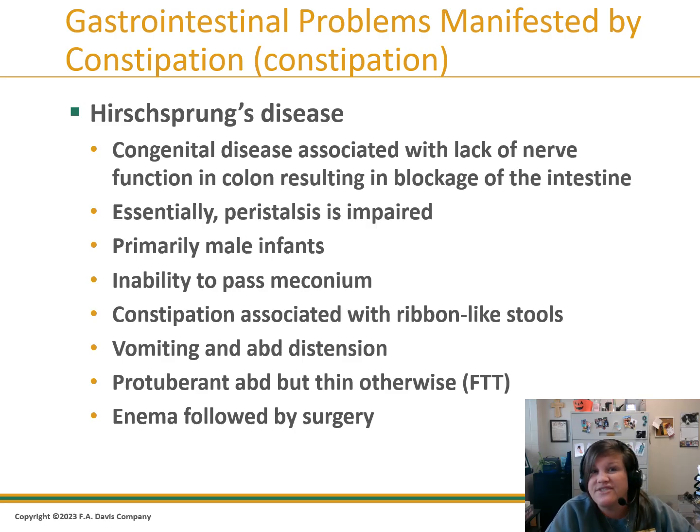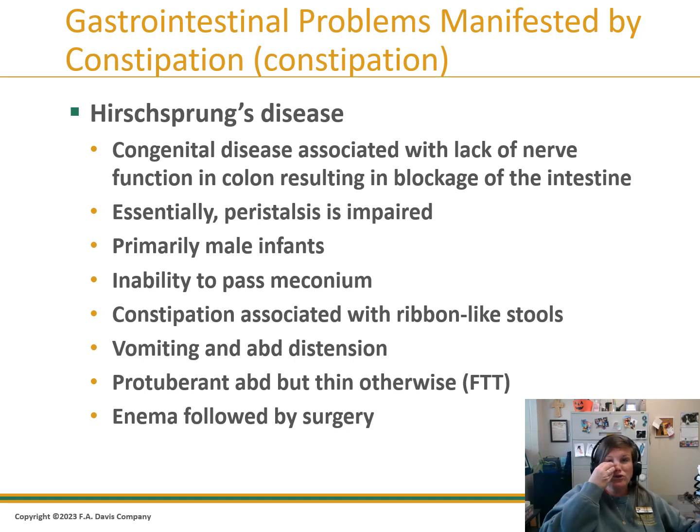So it's figured out very, very soon after birth that they have this nerve function problem. When they do eventually pass stools, so it's not necessarily a situation where it's never going to come out, okay? It's not normal, the elimination of meconium.